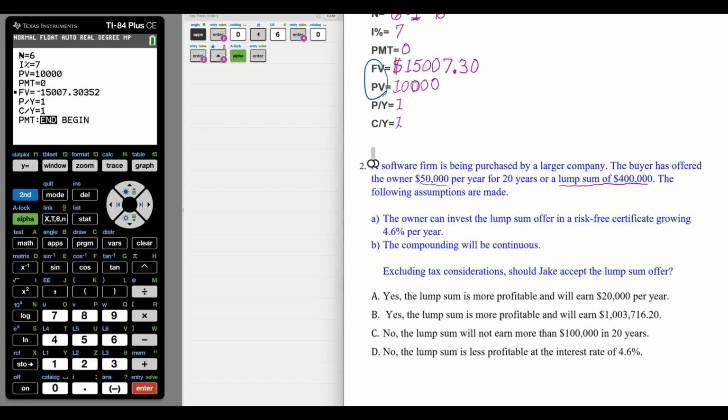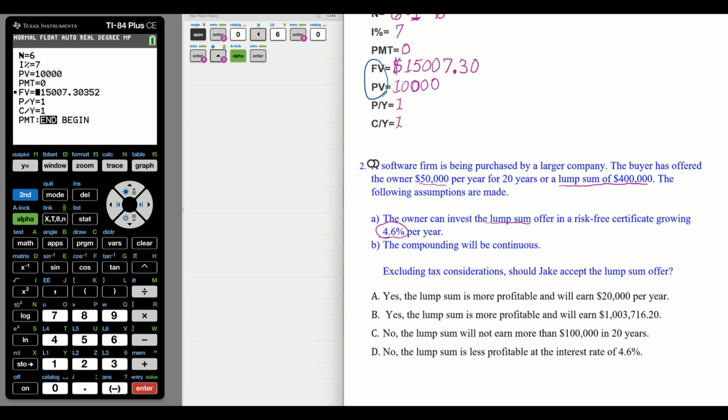That's not bad. The following assumptions must be made. Now this is important to get to the correct answer. The owner, the guy that's selling his company, can invest that lump sum offer in a risk-free certificate growing at 4.6% a year.